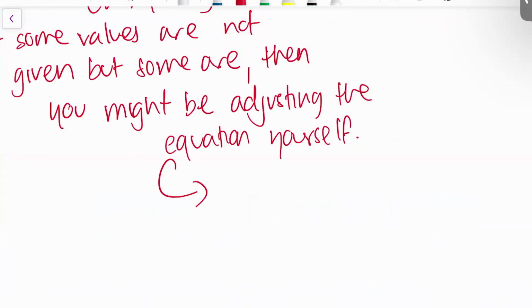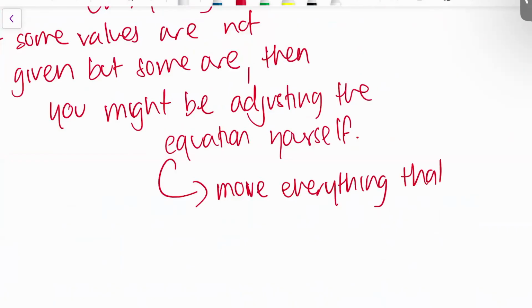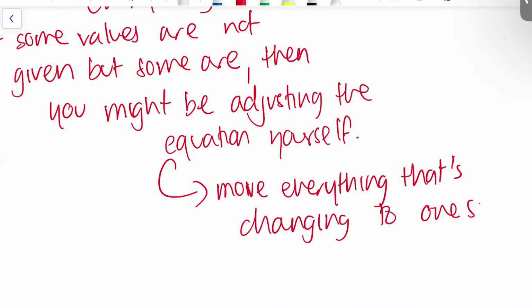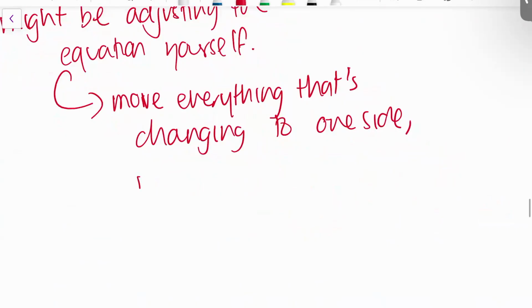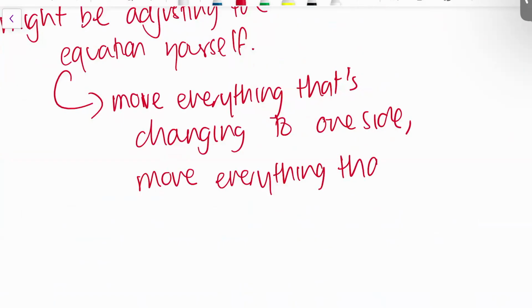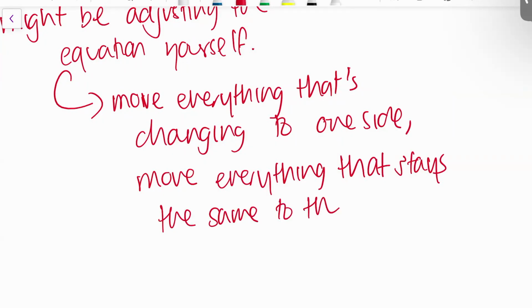If you're adjusting the equation on your own, move everything that's changing to one side and move everything that stays the same to the other side.